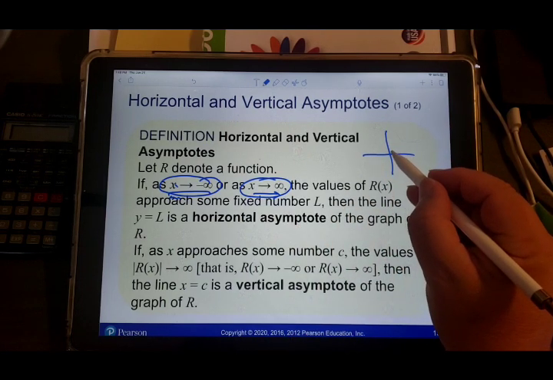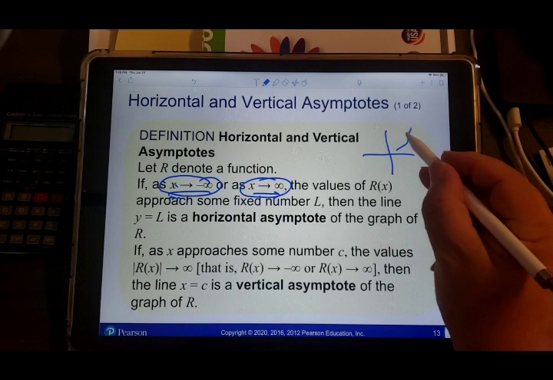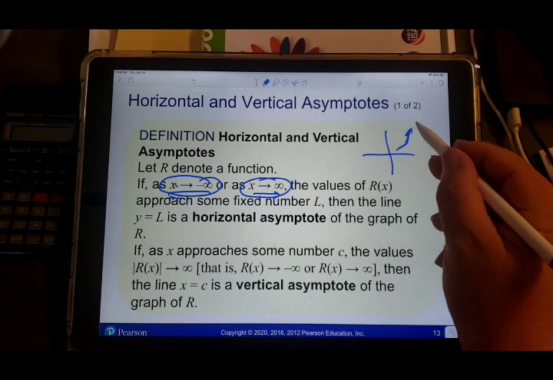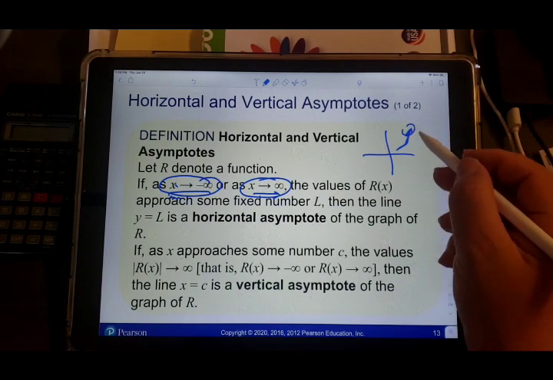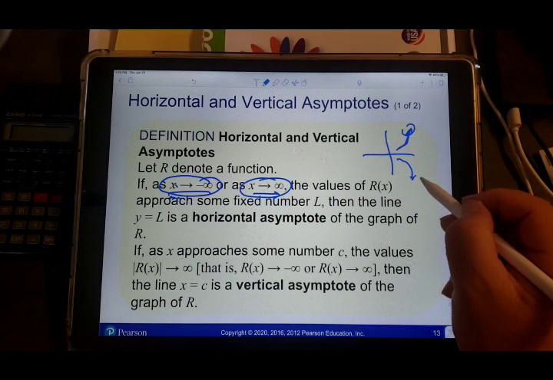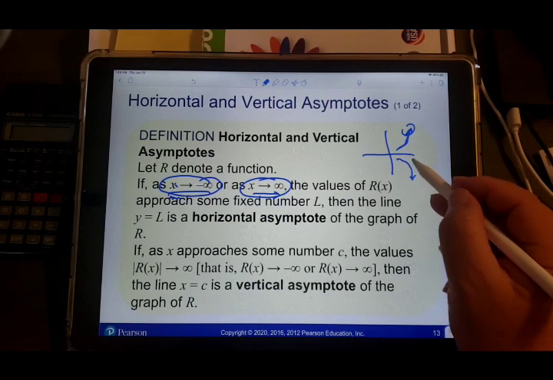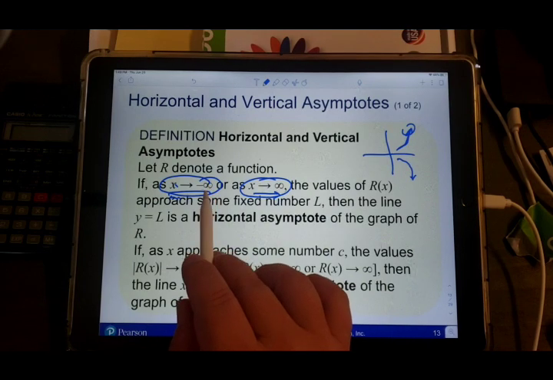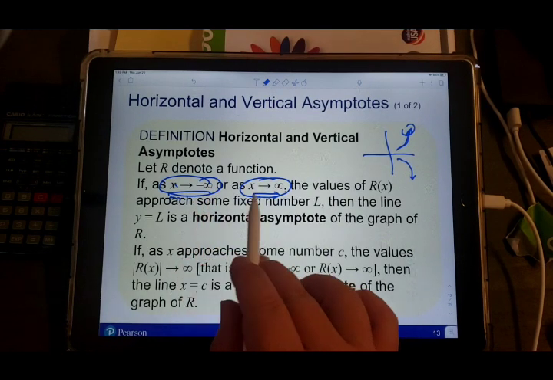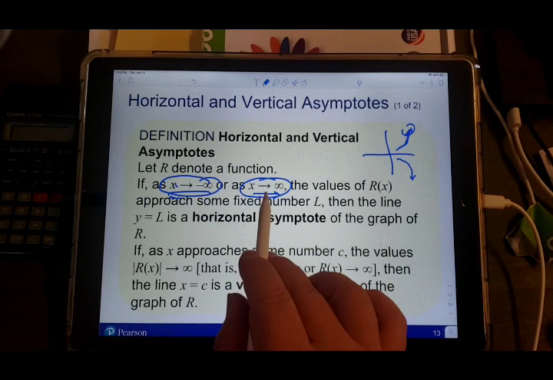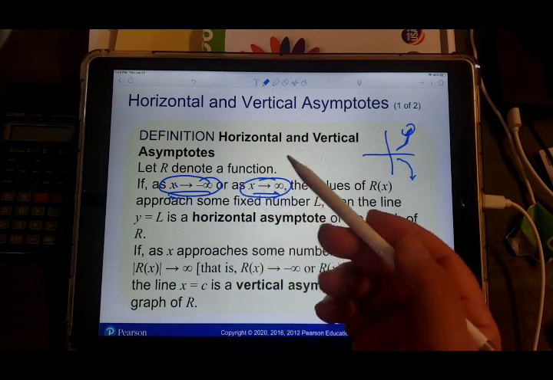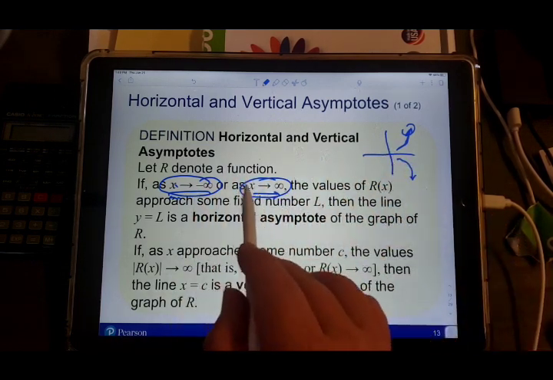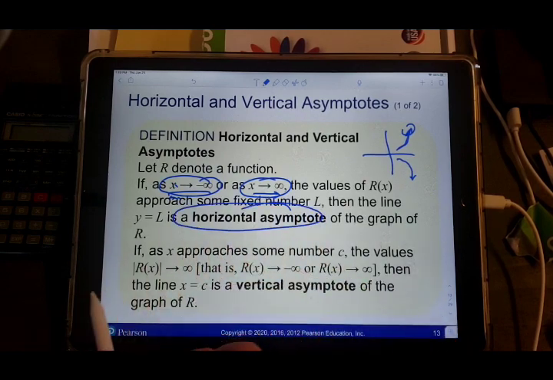When the graph went right, it either left the box up here at positive infinity, or it left the box at negative infinity. But with rational functions, they behave quite differently. And for now, we're going to talk about those rational functions that leave the box with a horizontal asymptote.